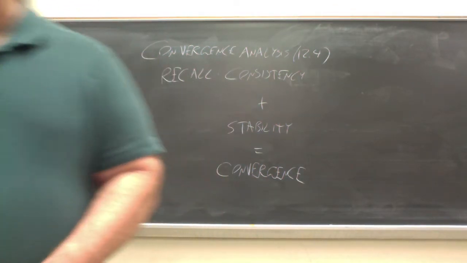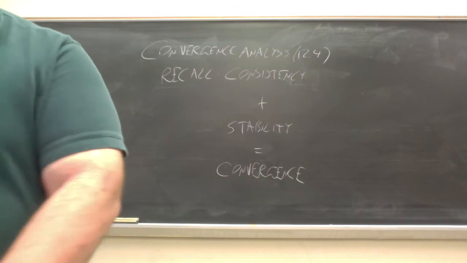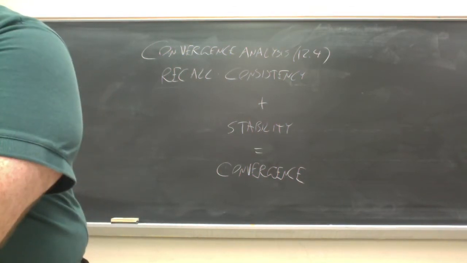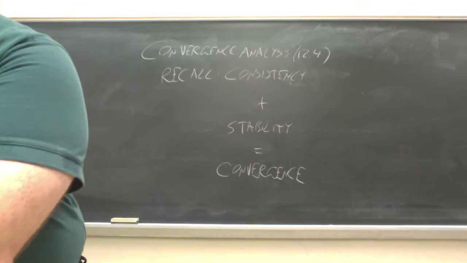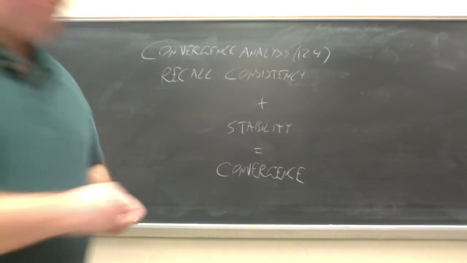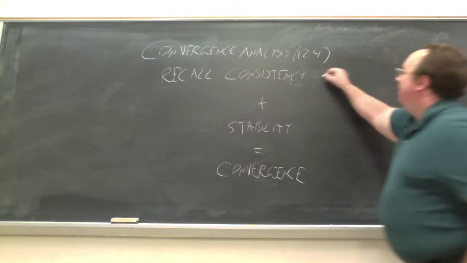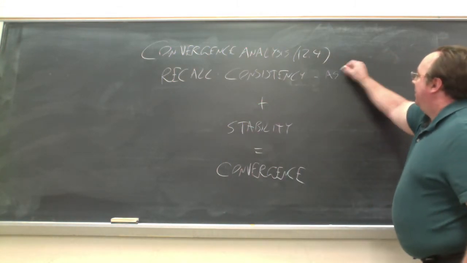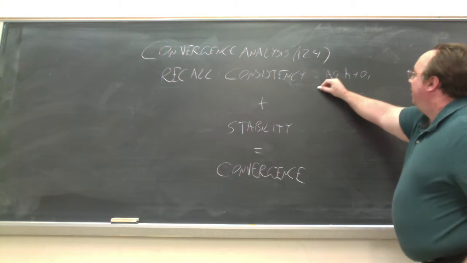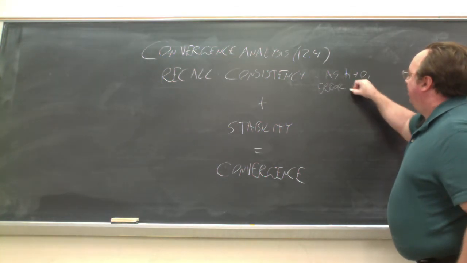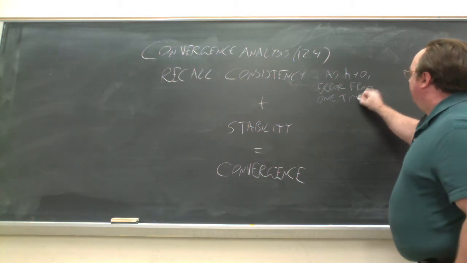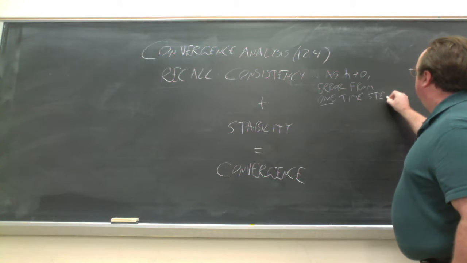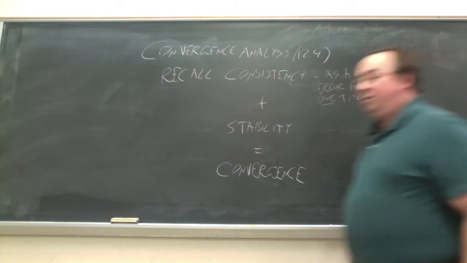Now, as far as what these things actually mean, a quick review of that. Consistency means that as h goes to 0, the error that's incurred during a single time step also goes to 0.